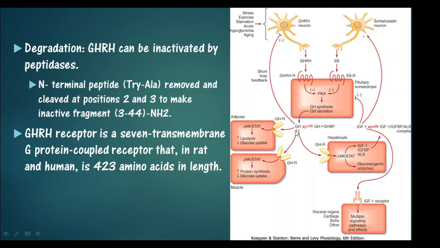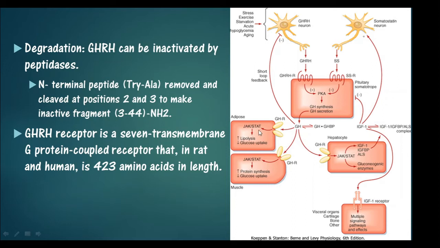So the GH is secreted out of the cell, and it can bind to the growth hormone binding protein, or it can bind to the growth hormone receptor on different cells. Examples here are the adipose tissue, muscle tissues, hepatocytes also.